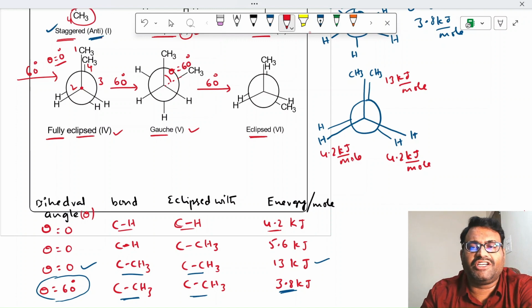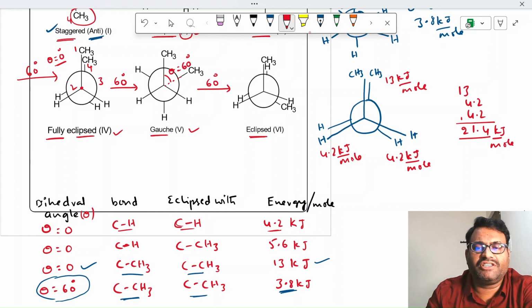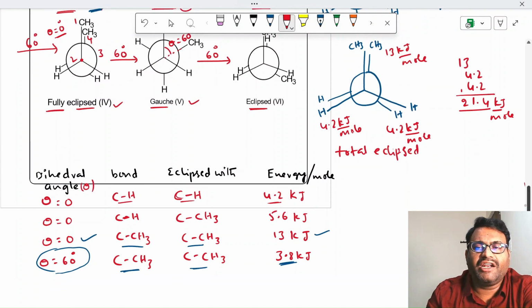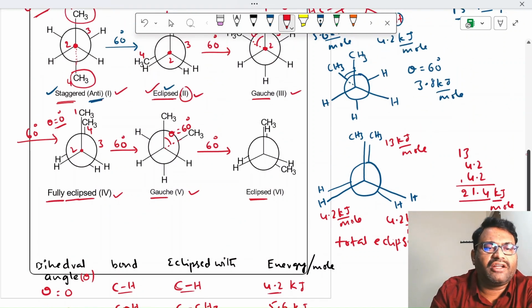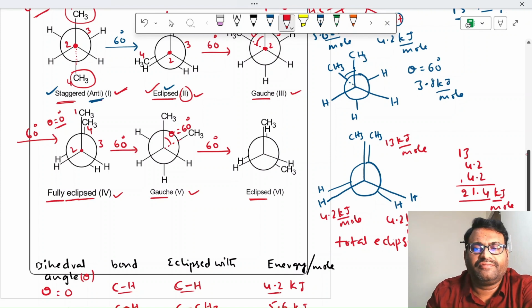So the total increase in energy compared with the staggered form for the fully eclipsed form is 13 plus 4.2 plus 4.2, which is 21.4 kilojoule per mole approximately. So this total eclipsed form has 21.4 kilojoule per mole greater than that of staggered or anti. Right?